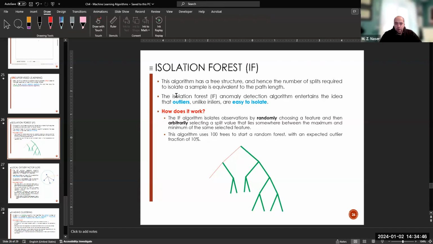So anomalies are outliers, basically. The concept is they're easy to isolate. For instance, in this case here, it ends here, so this is an outlier. The other ones continue to grow. So the one that doesn't do what the majority does is an outlier, in this case.